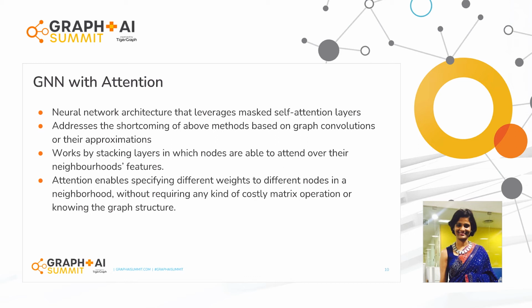And in each layer, the nodes are able to attend over the neighborhood features by implicitly specifying different weights for different nodes in the neighborhood. So graph neural networks with attention is definitely a better performing architecture in comparison with all of the previously discussed GNNs.